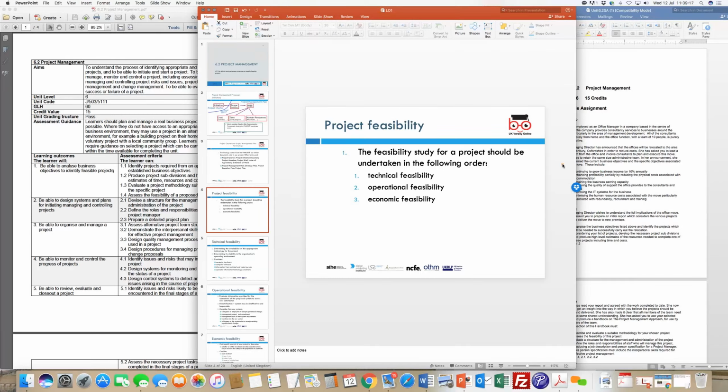So technical aspect is related to things like technology, things like, for example, infrastructure and equipment, which will be required to make some of these tasks happen on time and the delivery to meet the schedules.